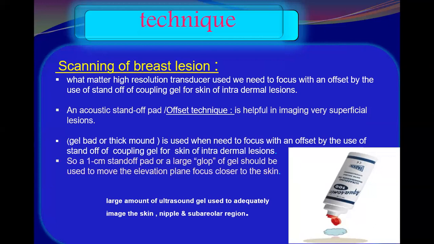Still, the skin area will come within the wider area. So when we put thick gel, 1 centimeter or so, we increase the depth to move the lesion to the level of the elevation plane focus.